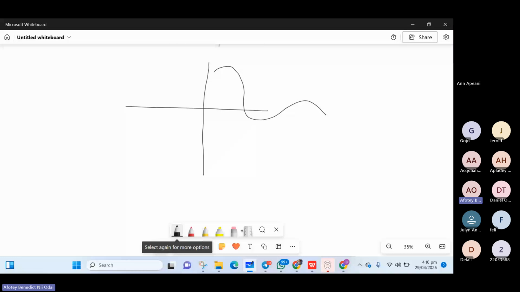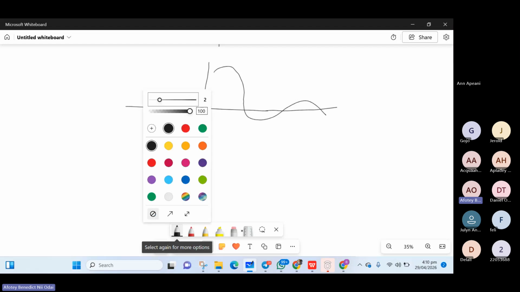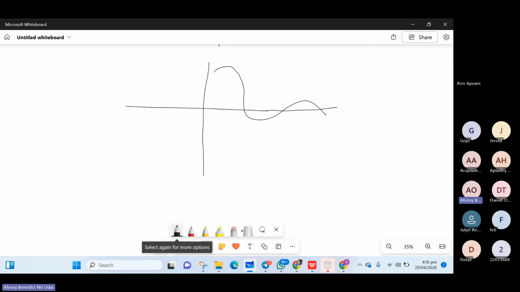Let me extend this. The extreme value theorem is saying that if you have a continuous function, and we've seen the properties of a continuous function, but graphically it's a function that we can draw without raising our pen. Once you have a continuous function that is defined in an interval, let's say [a, b], right?